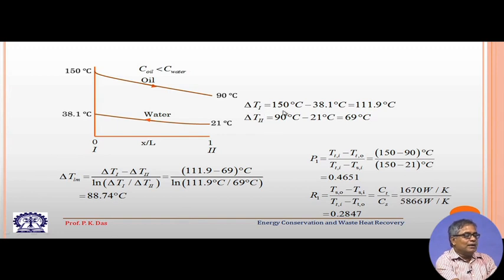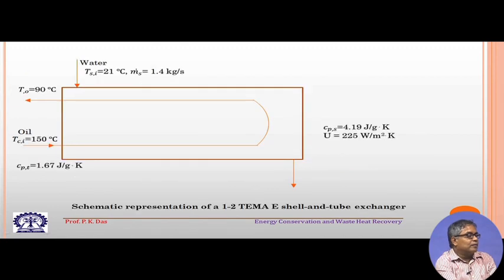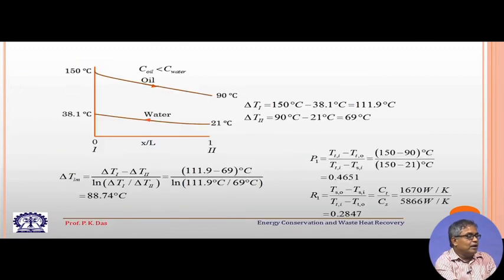Delta T 1 will be 150 degree Celsius minus 38.1 degree Celsius. Let me go back to this diagram. Let us once again see the 4 temperatures. 150 degree Celsius is the inlet temperature of the oil, and 38.1 degree Celsius is the outlet temperature of water.